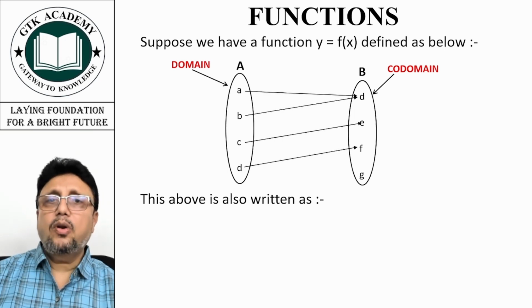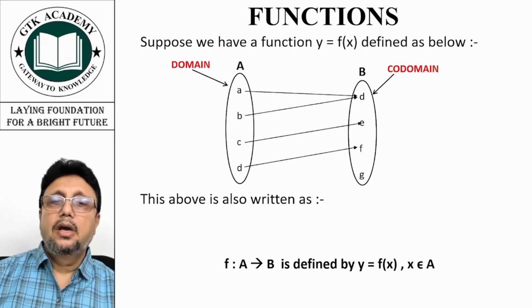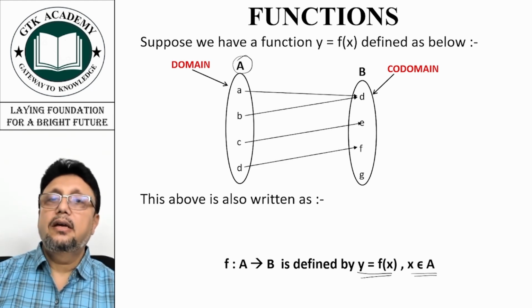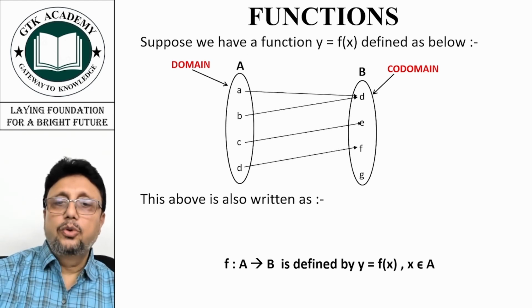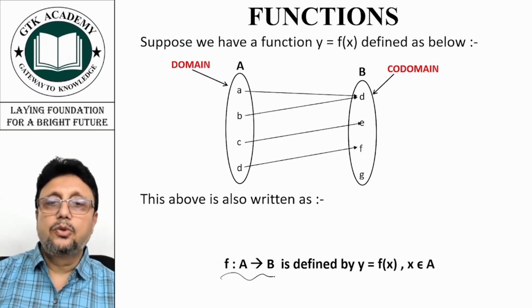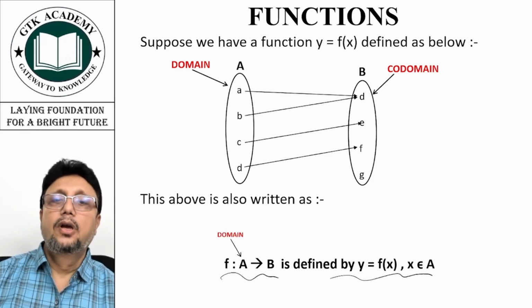So we also write it like this: function f from A to B defined by y is equal to f(x), where x belongs to set A, right? So we also use this notation. So you should be clear with this notation. So here A is domain.